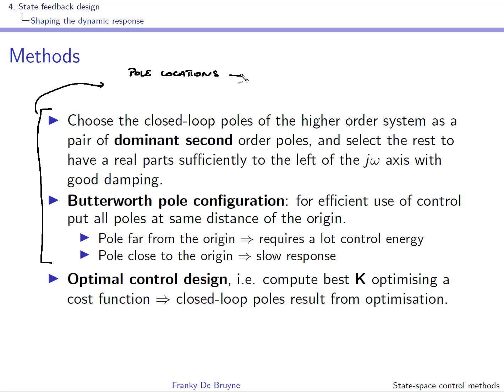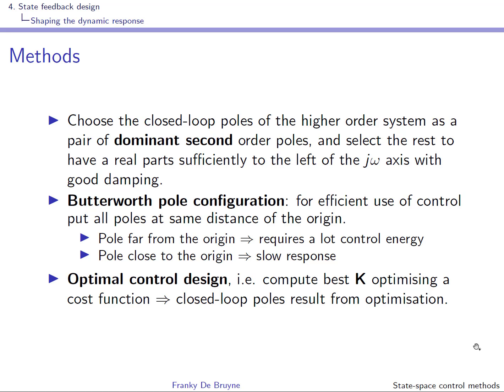And this will result in a state feedback matrix K. The third method is different in the sense that here you will have a cost function that you will have to select and design, and optimizing this cost function will result in the state feedback matrix.